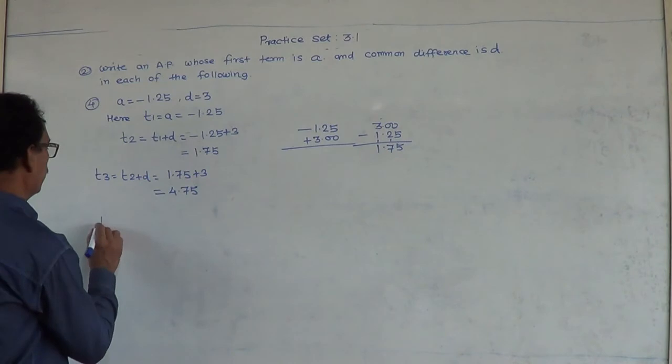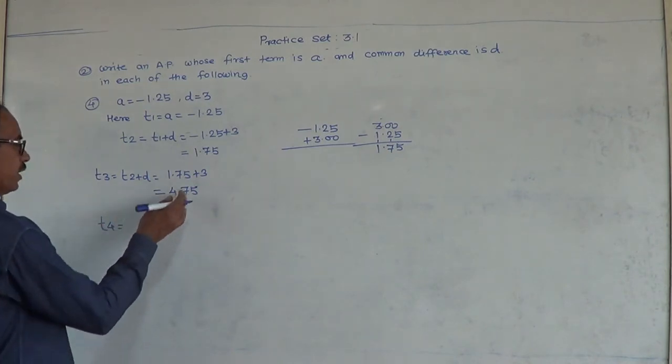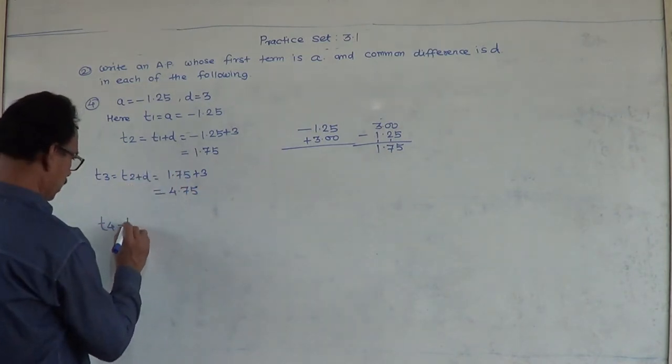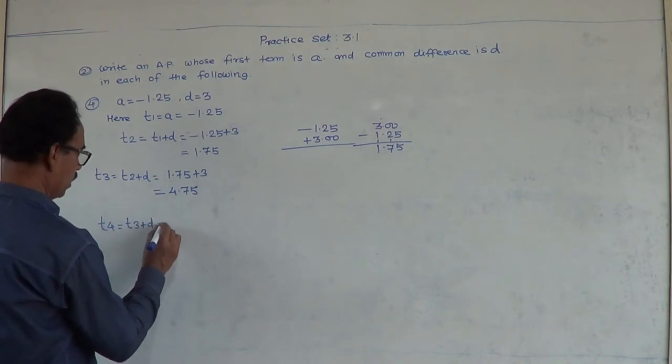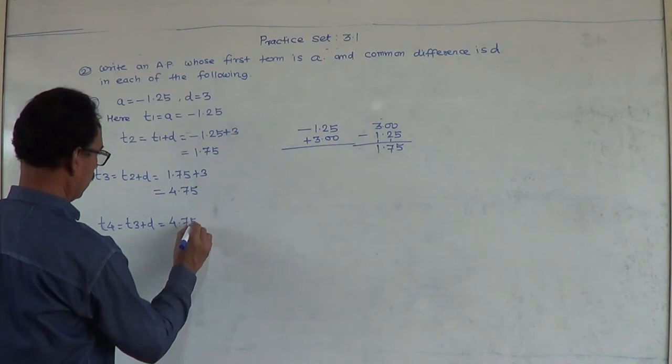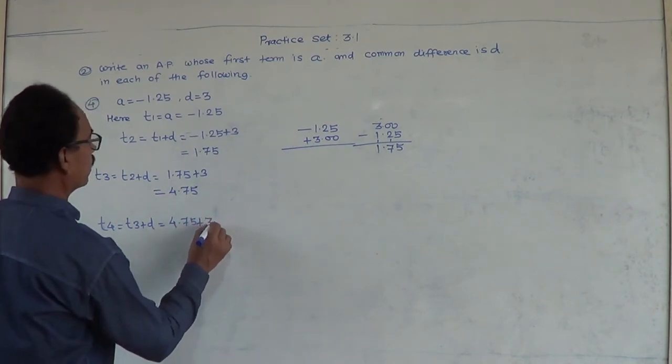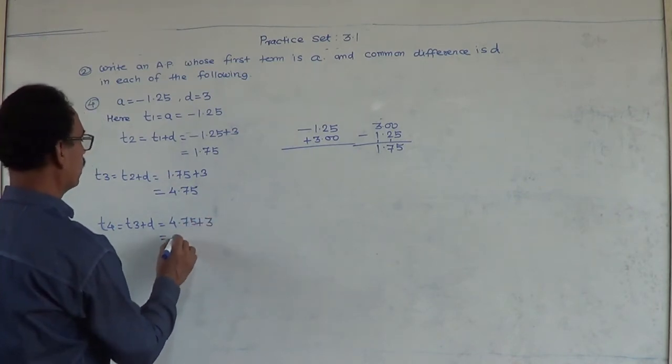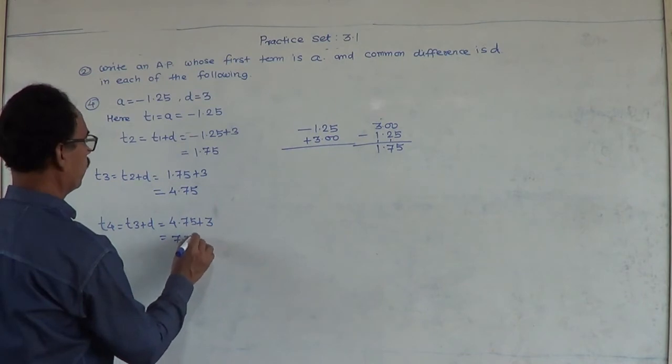Again we will find T4. T4 will be T3 plus D. T3 is 4.75. We have to add 3. So answer will be 4 plus 3, that is 7.75.